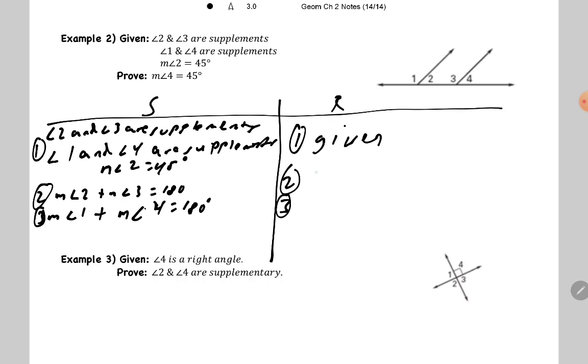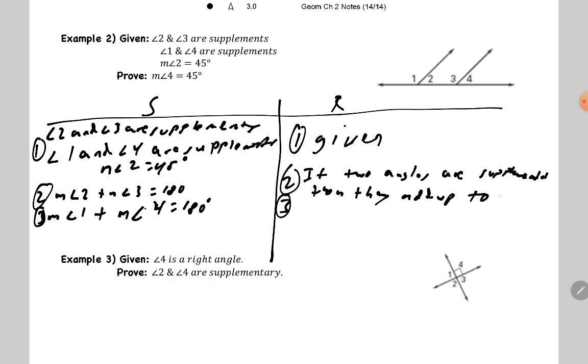If two angles are supplemental, then they add up to 180 degrees.